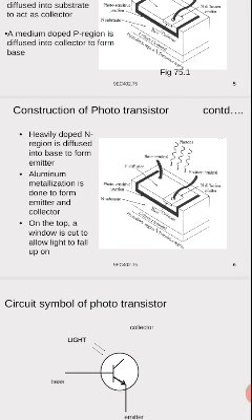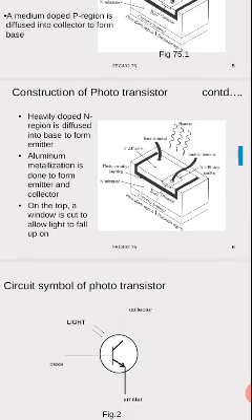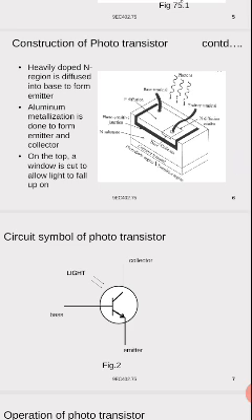Circuit symbol of phototransistor. Here it is an NPN transistor shown. It has three terminals: collector, base, emitter, and it is an NPN transistor.